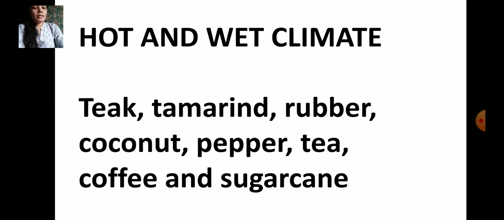Here they have heavy rainfall also. Some of the trees are evergreen and some are deciduous. What are deciduous? They shed the leaves in the winter. The deciduous trees shed the leaves in the dry season, in summer, to avoid water loss.